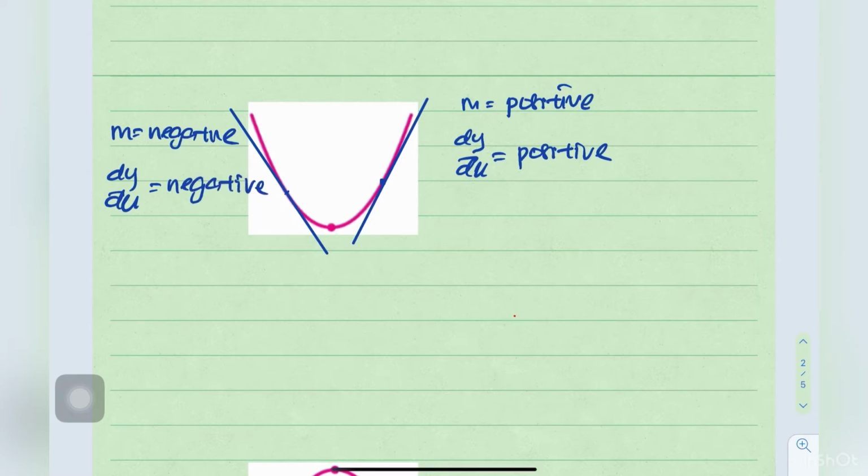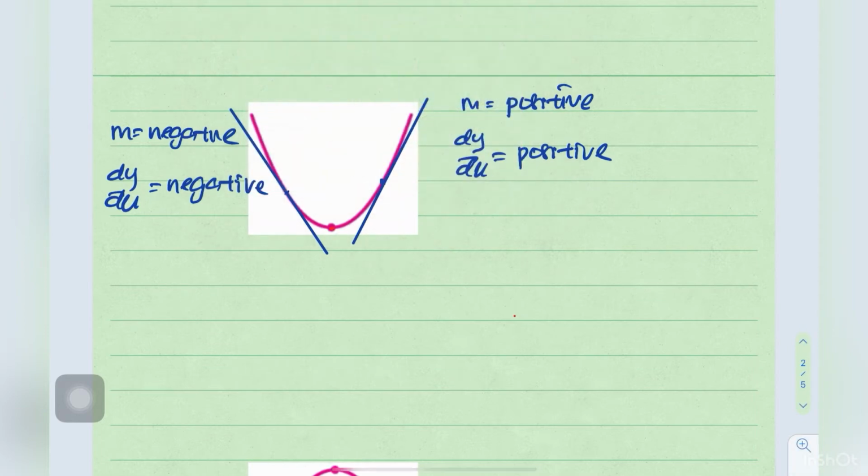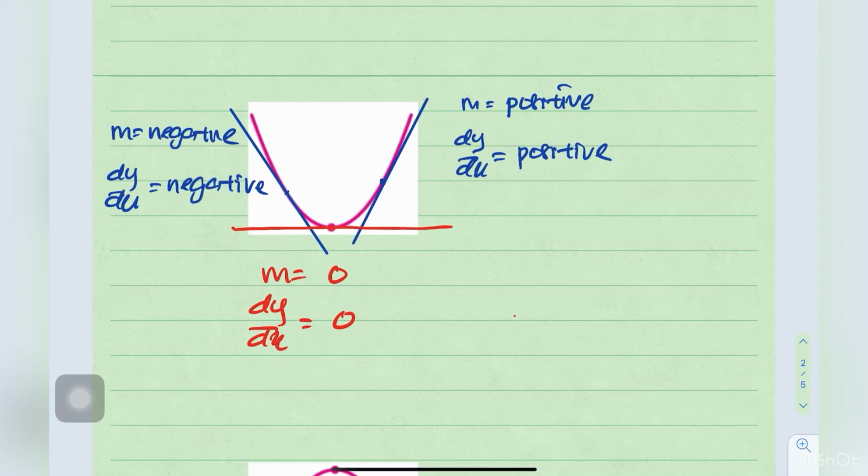Now let's say at the minimum point, here, the gradient is 0, meaning that dy/dx equals 0. So in this situation, it is a minimum point.